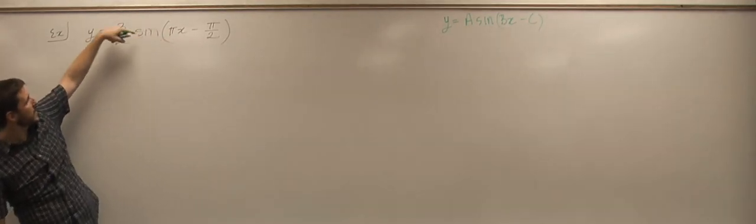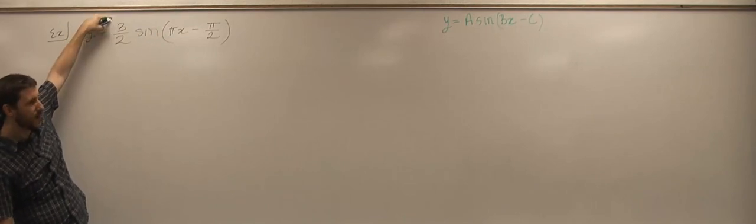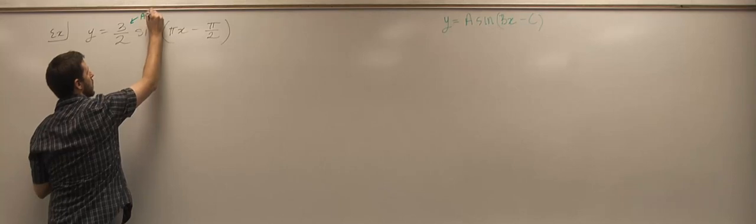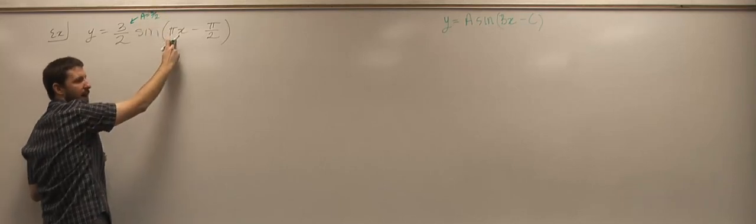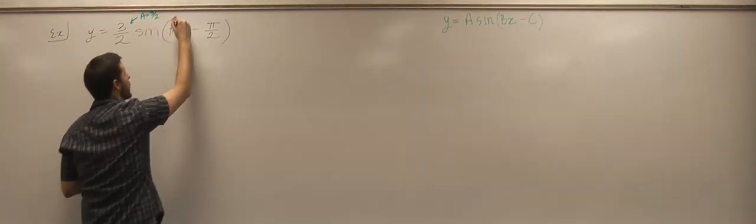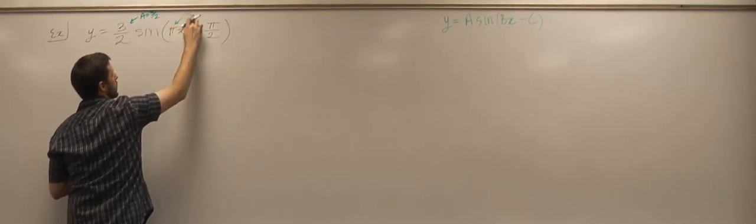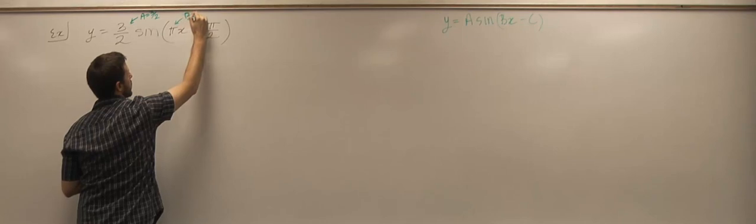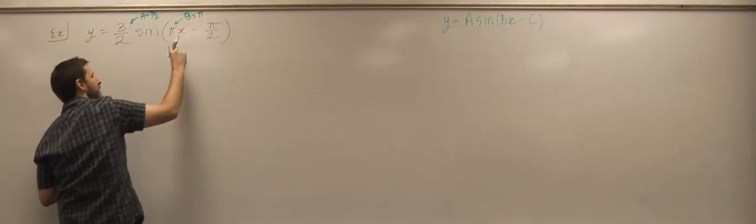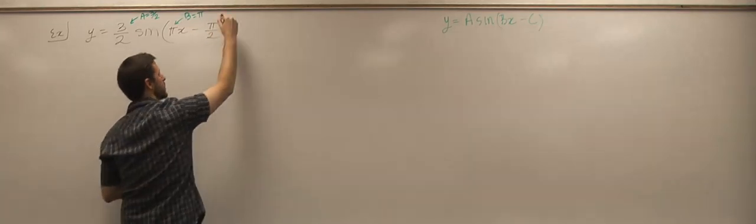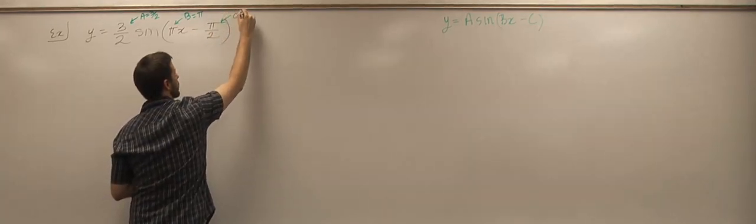When I label A, that's fine. It's 3/2. When I label B, that's fine. That's the number in front of x. But C, you want to discount this sign. Don't even worry about this sign. C is just positive pi over 2.